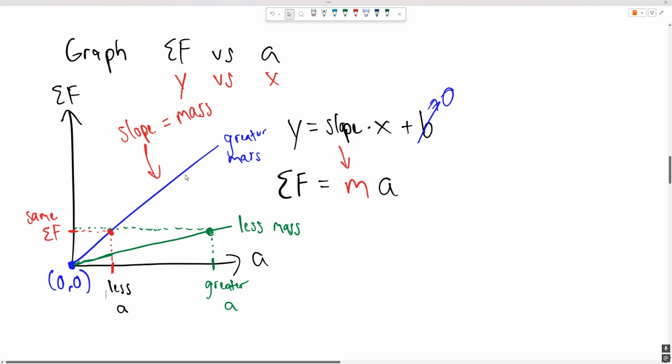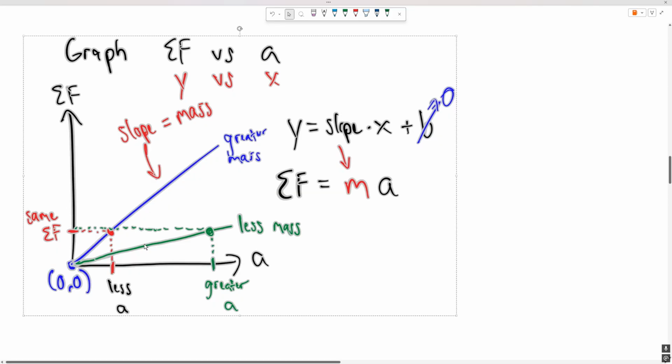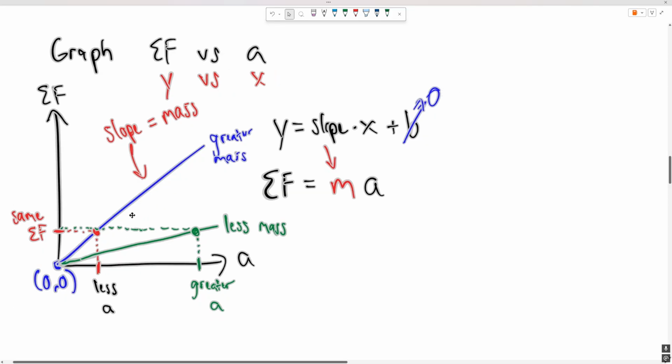Now, I did this for 2 lines here, one with greater mass and one with less mass, to understand what the slope of this graph represents. We can model this line using our equation y equals mx plus b, where the y-intercept is 0. What's on my y-axis? That's the net force. What's on my x-axis? That's the acceleration. And the slope would be what's in front of a. In our net force equation, the mass is in front of a, so we get net force equals mass times acceleration.